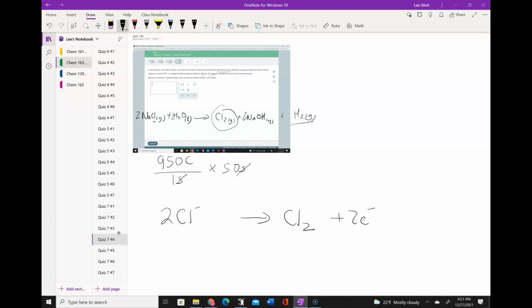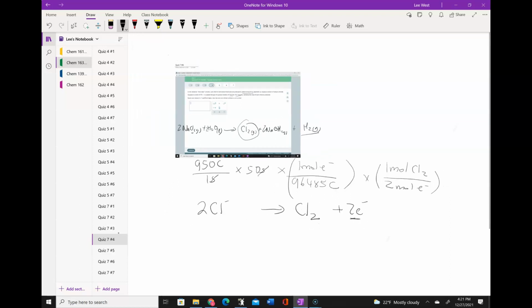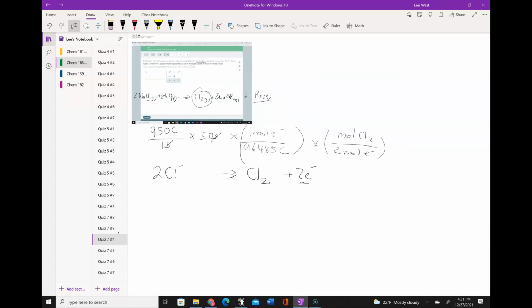So what we know is we've got coulombs here. We know that we get 1 mole of electrons for every 96,485 coulombs. That's Faraday's constant. And then from this balanced equation for the oxidation of a chloride, we know that we get 1 mole of Cl2 for every 2 moles of electrons that pass. So that will give us our moles of chlorine.